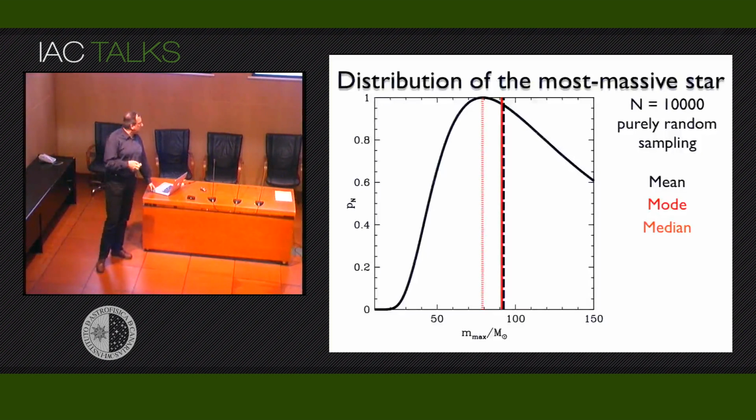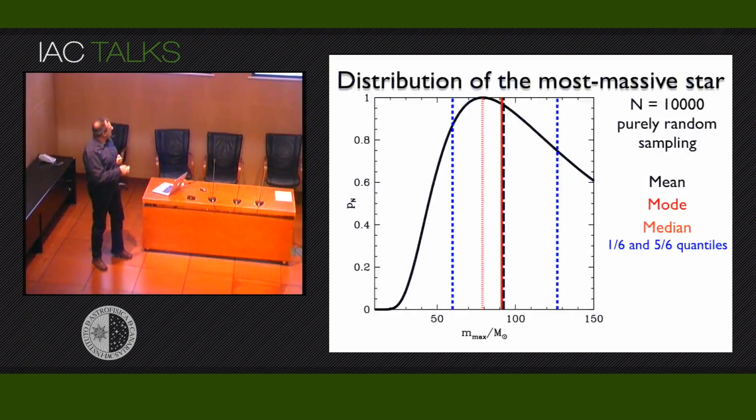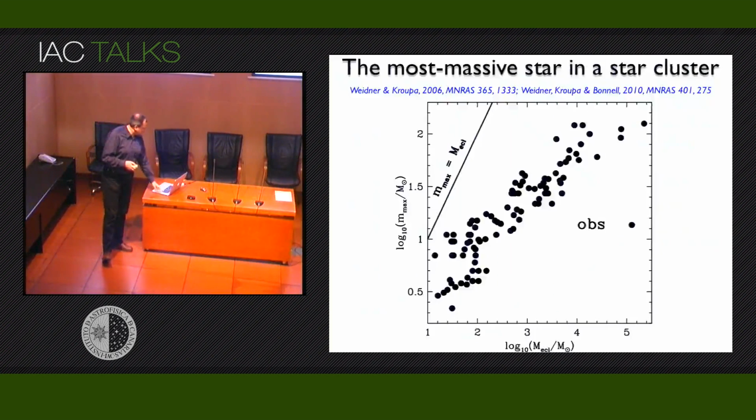So in order to meaningfully describe what we can observe in massive stars and star clusters, we have to not only look at mean or mode values, but we also have to look, for example, at this blue range, between which 66% or 2/3 of all these massive stars should be, in order to see if there's a measurable effect of the small star clusters on the integrated IMF of whole galaxies.